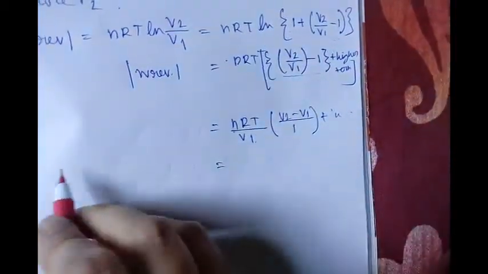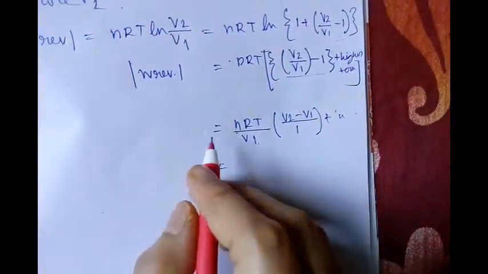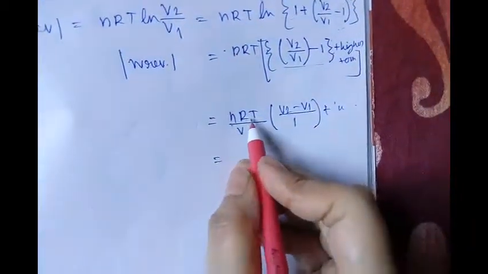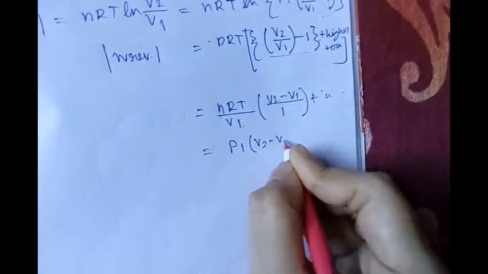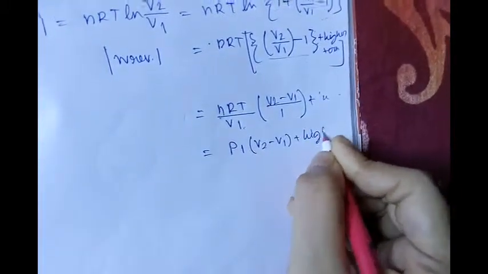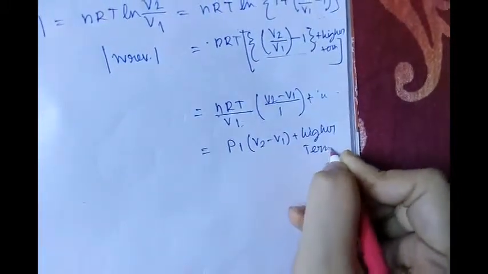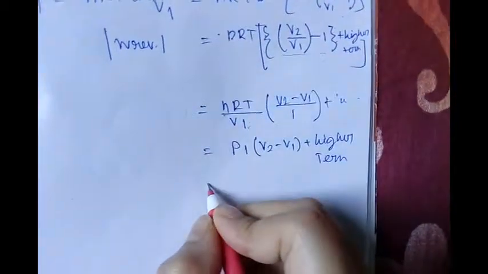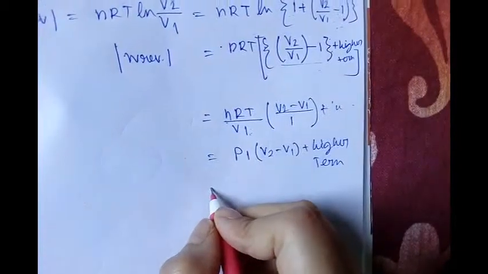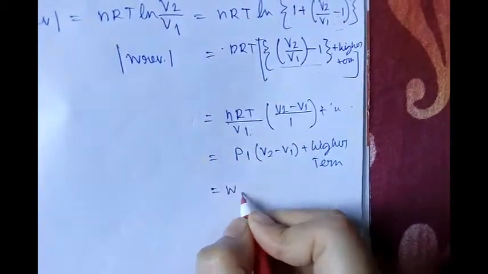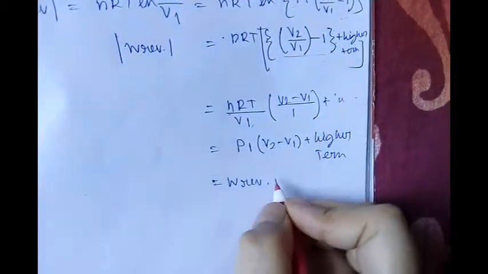From the assumption that gas is ideal, nRT by V1 we can write as P1 into (V2 minus V1) plus higher terms, that is equal to work done in reversible process.